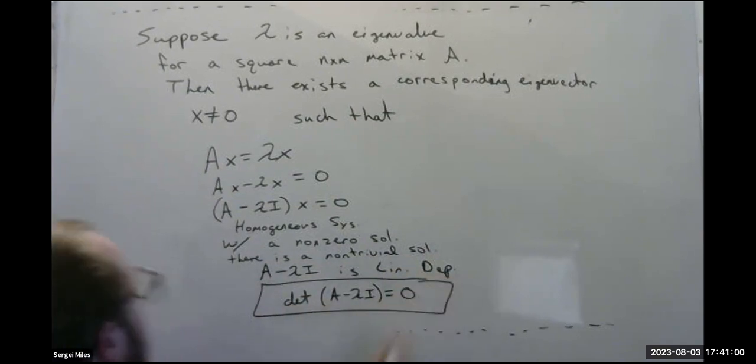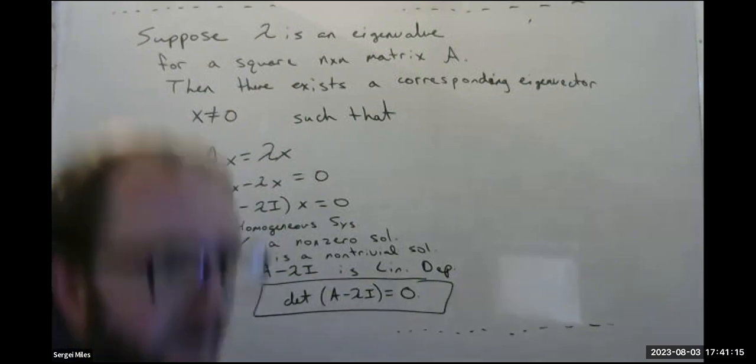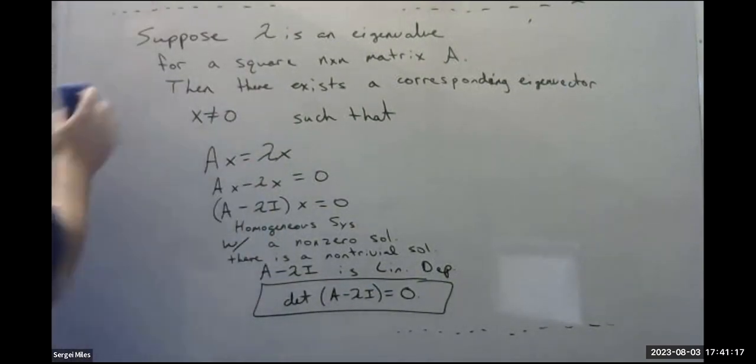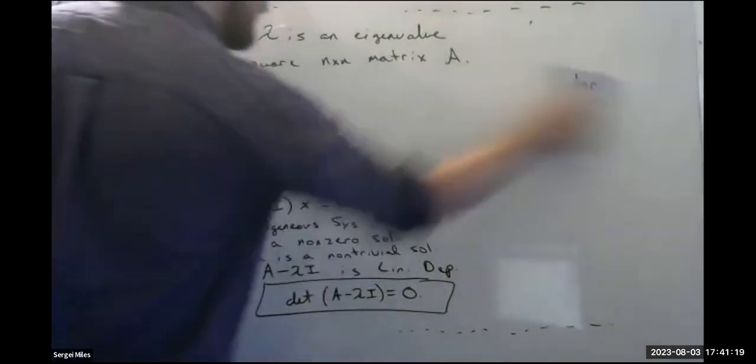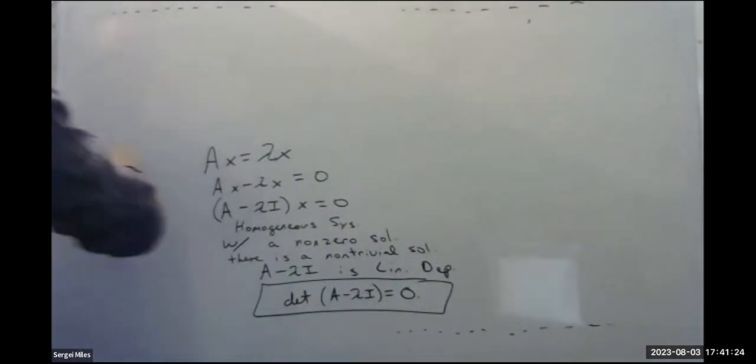This is the key takeaway from the section 5.2 lecture here. This is called the characteristic equation, and this is what we can use to find any eigenvalue we could ever want, right? So this is going to be our formal definition and methodology for finding eigenvalues.